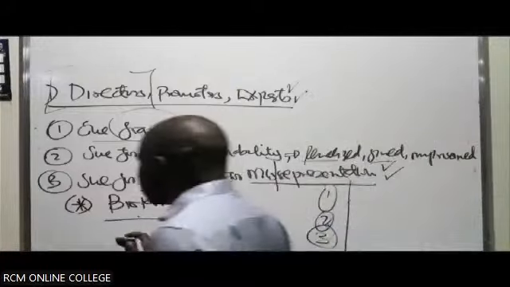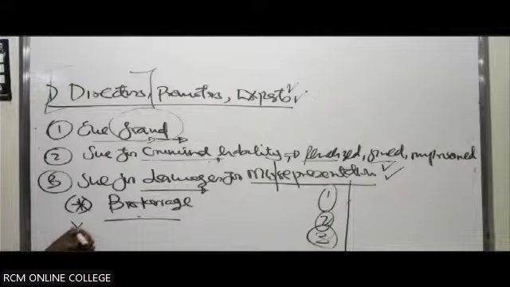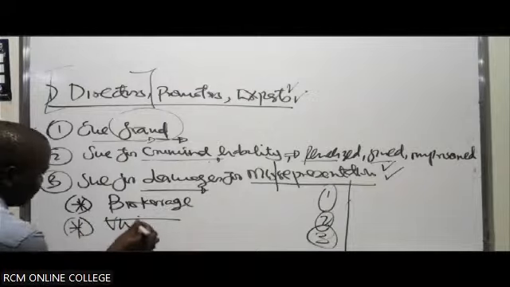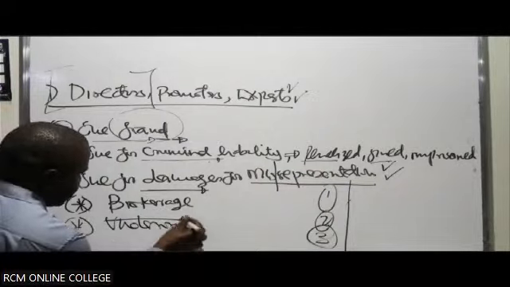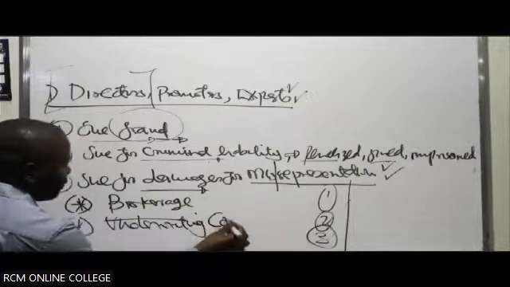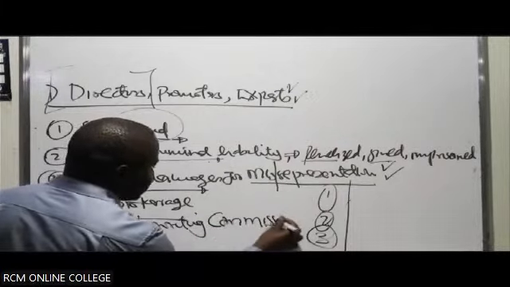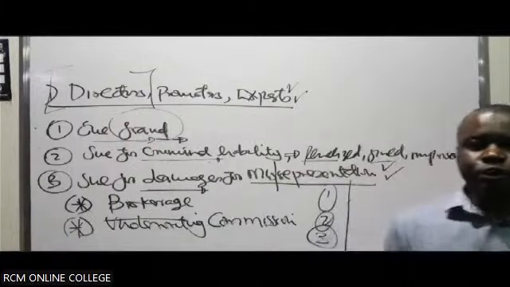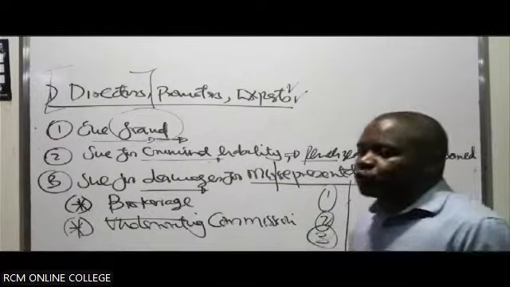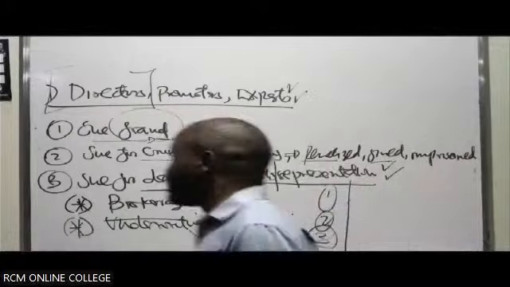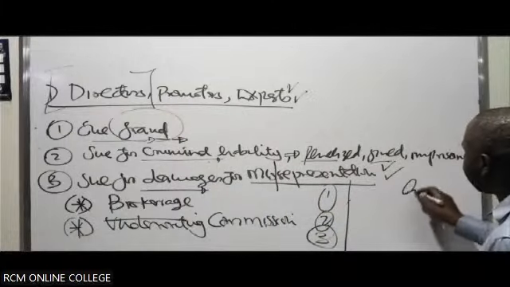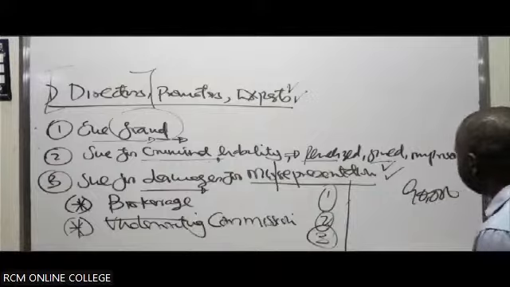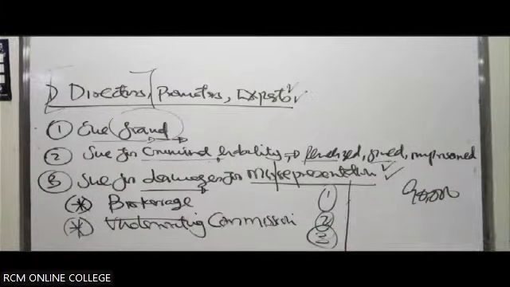Then we also have what we call an underwriting commission. This is something where you float your shares for subscription, then you experience what we call under-subscription. Maybe you offered 90,000 shares, and you want to raise this capital fully.